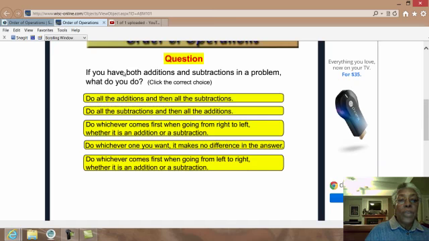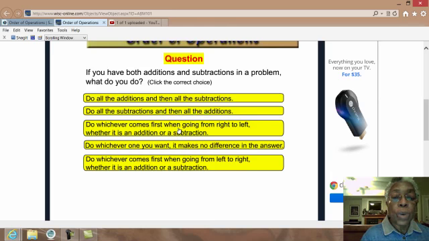If you have both additions and subtractions in a problem, what do you do? Do you do all of the additions and then all of the subtractions? Do all of the subtractions and then all the additions?